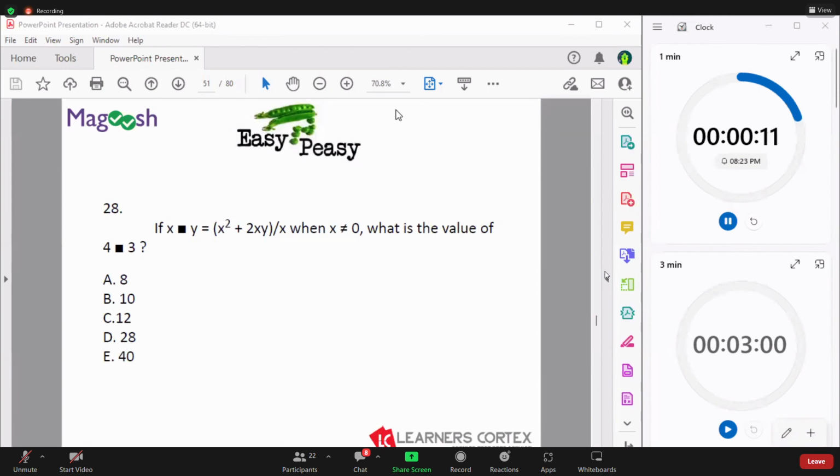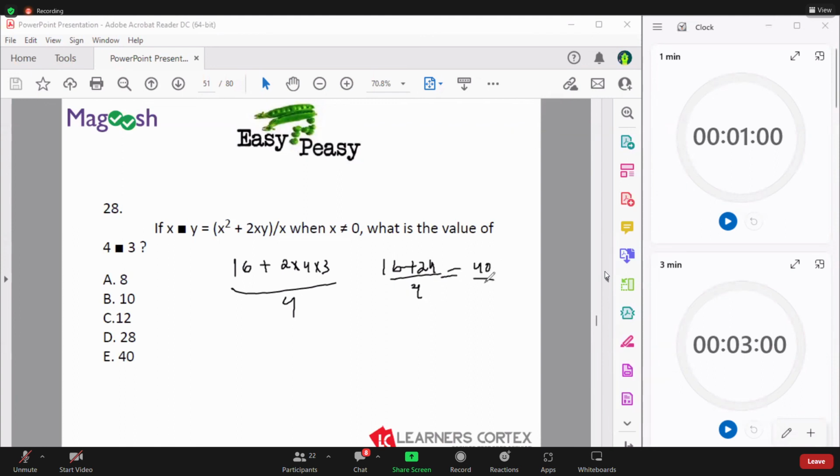So x square would be 16, plus 2 times 4 times 3, all over 4. This would give us 16 plus 24 over 4, or 40 over 4, which is 10. So answer B would be the correct answer.